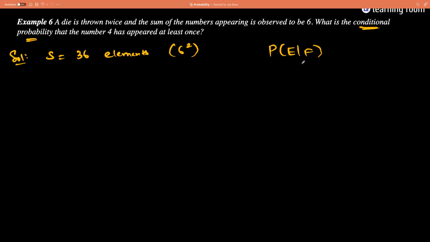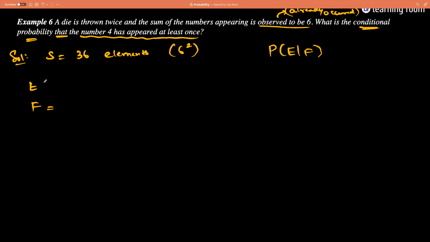See, a die is thrown twice and the sum of the numbers appearing is observed to be 6. This means it is something that has already occurred. So something that has already occurred should be taken as F. And I told you, they asked what is the probability that. After the word that, there is a statement: the number 4 has appeared at least once.